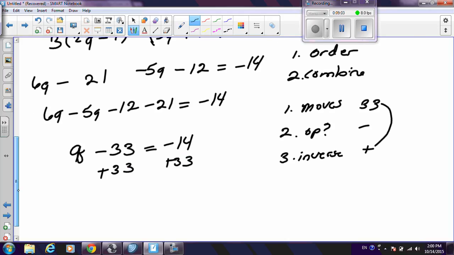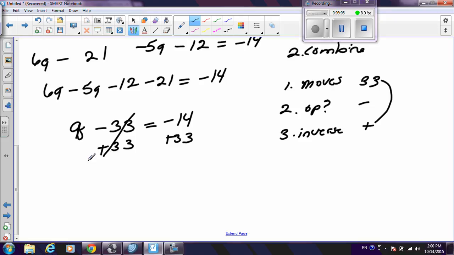All right, now we know that these two cancel out, leaving us with a beautiful q all by itself. And we know that 33 minus 14 will give us what? So when we set that up, 33 minus 14, borrow from the 3, make it a 2, have a 13, which will give us 9. 2 minus 1 is 1, so that gives us 19. So q equals a positive 19.